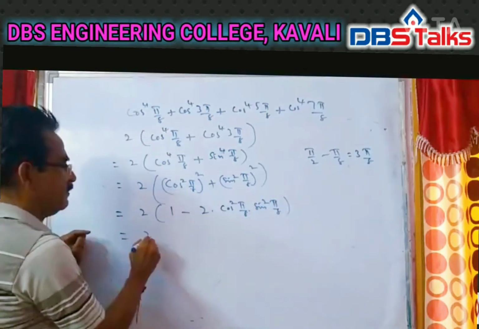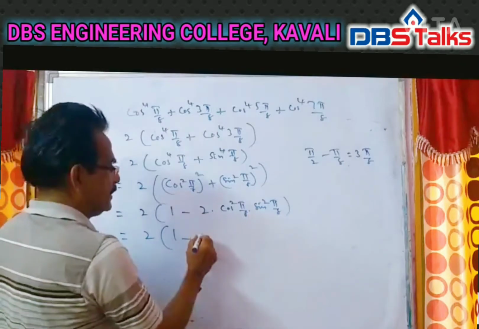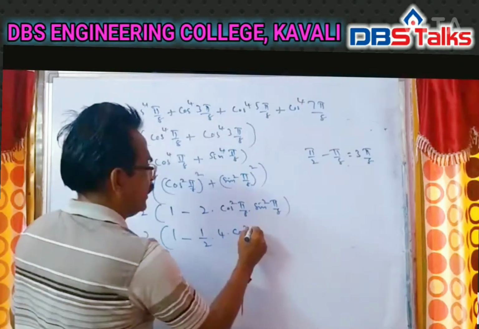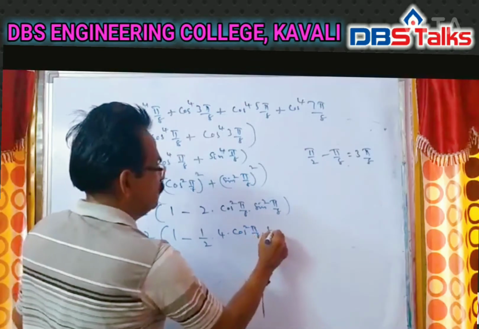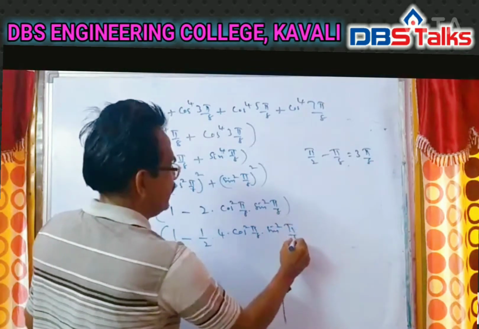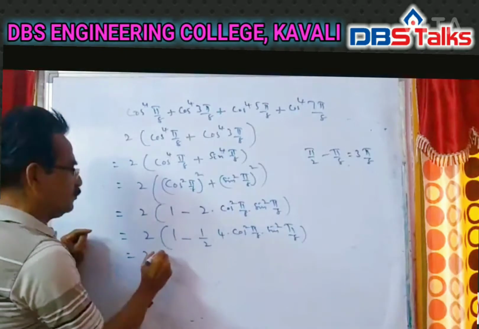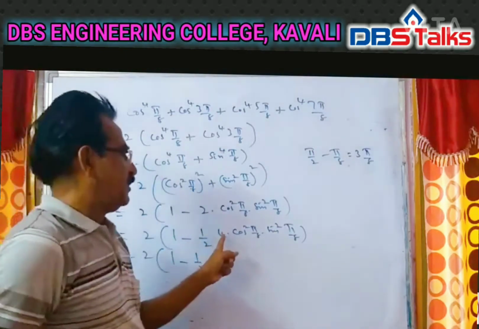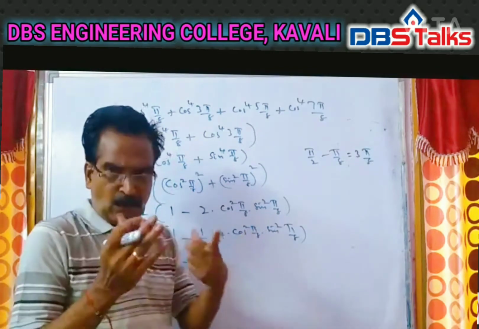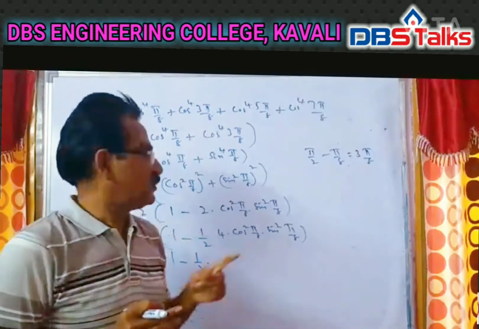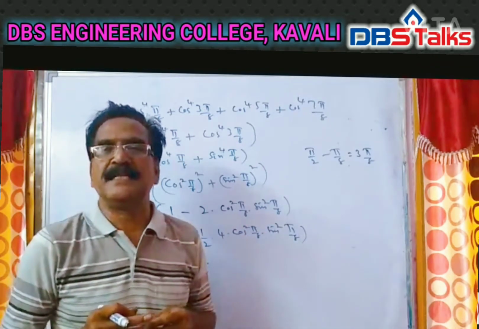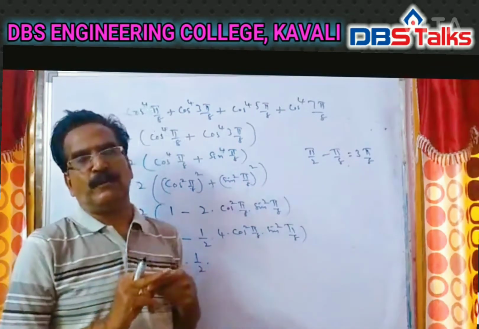Same thing, friends. This is equal to 1 minus 1 by 2 into 4 cos square pi by 8 into sin square pi by 8. This is equal to 2 into 1 minus 1 by 2 into 2 sin theta cos theta whole square. 2 sin theta cos theta means sin 2 theta whole square.